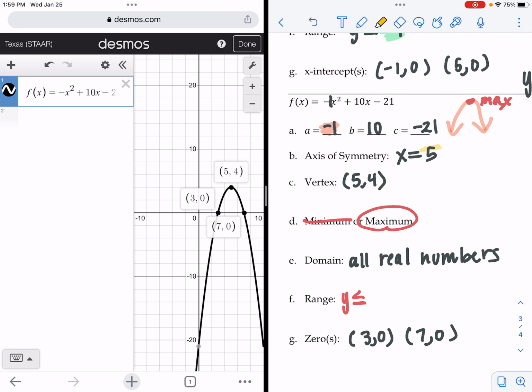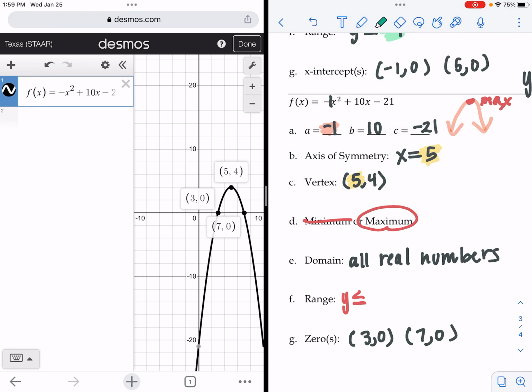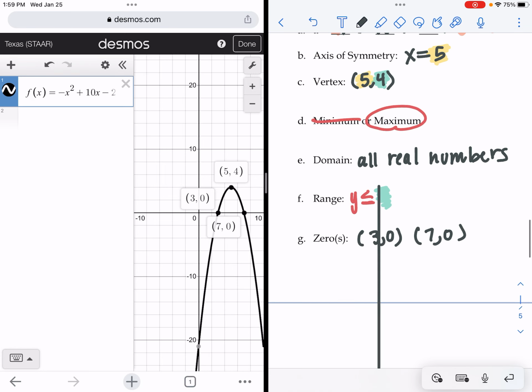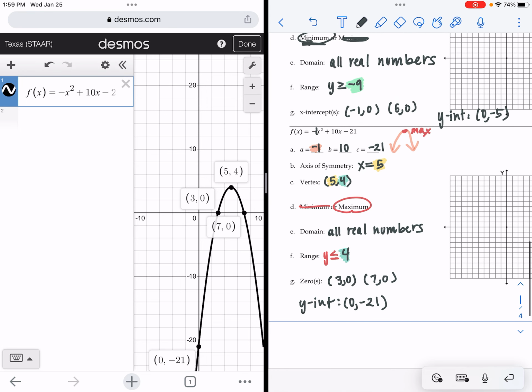Don't forget the x equals or it's automatically wrong. And then the range is going to be less than or equal to that 4. So we're going to put that right here. Undo. 4. And then let's add the y-intercept, which is 0, -21. Right, that's it.